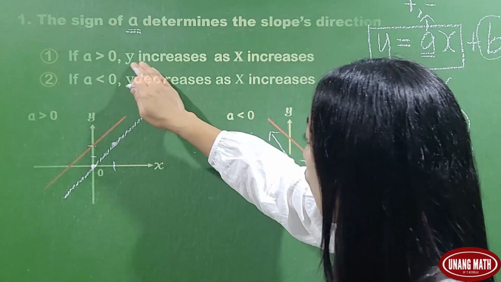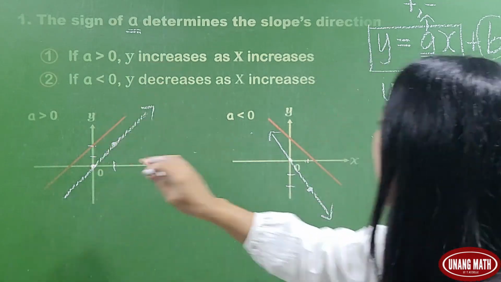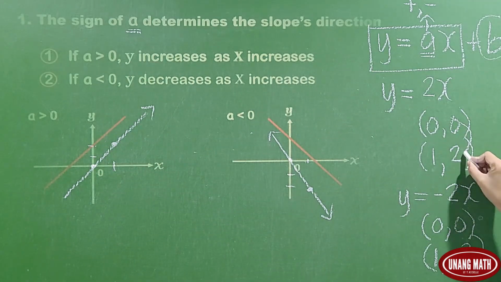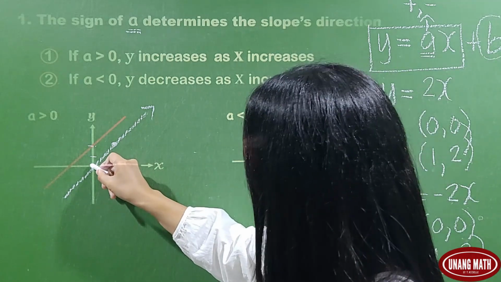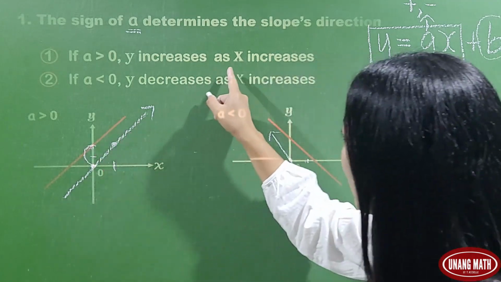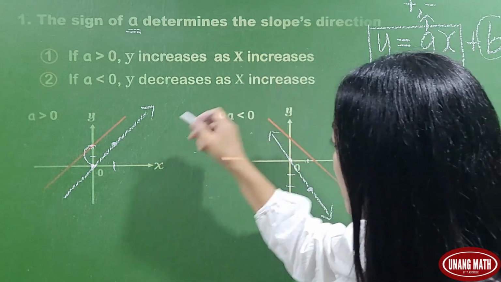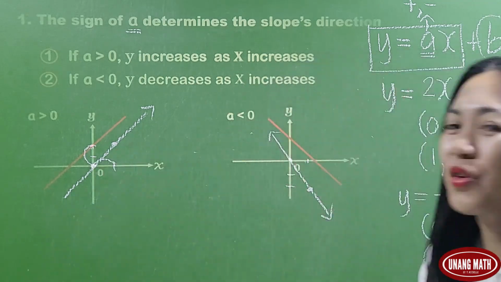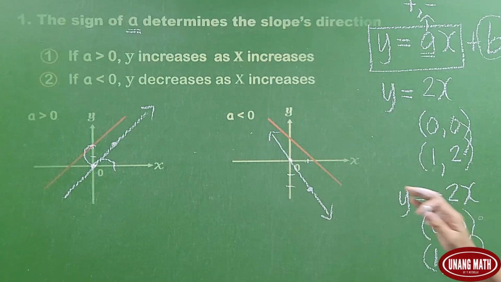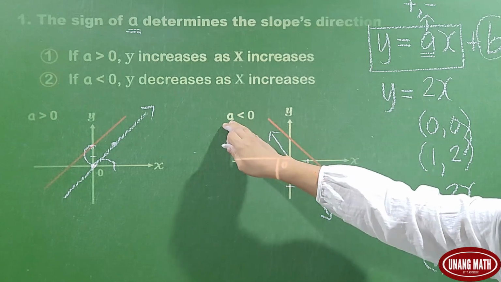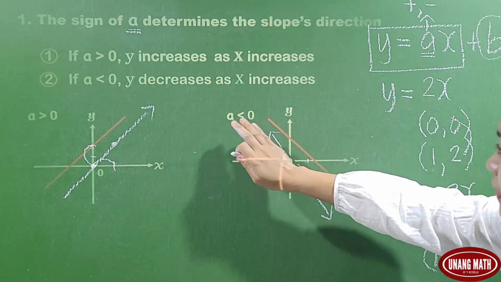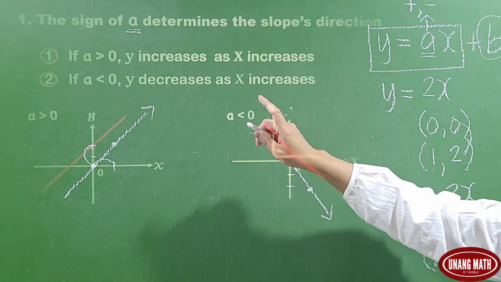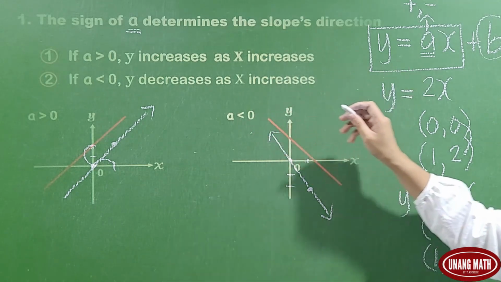As you can see, if the value of A is more than 0 or a positive number, y increases from 0 to 2, and x also increases from 0 to 1. How about if the value of A is less than 0 or a negative number? Y decreases as x increases.